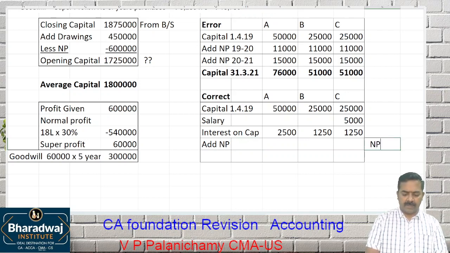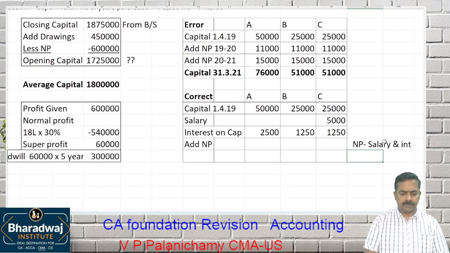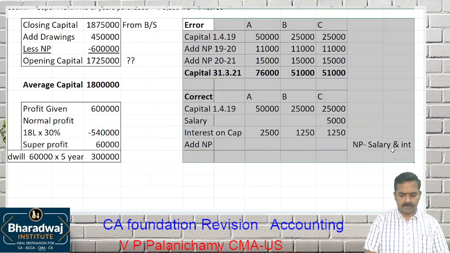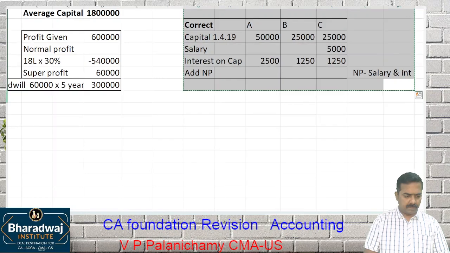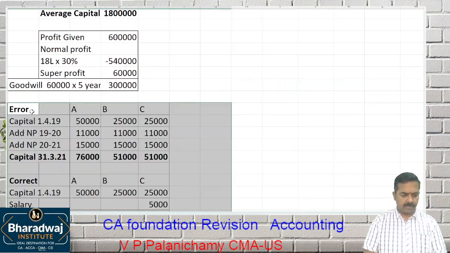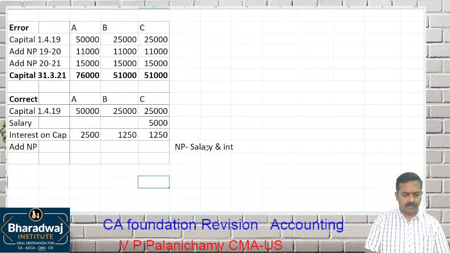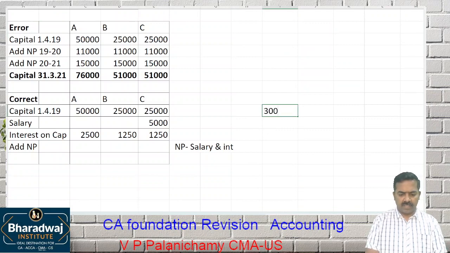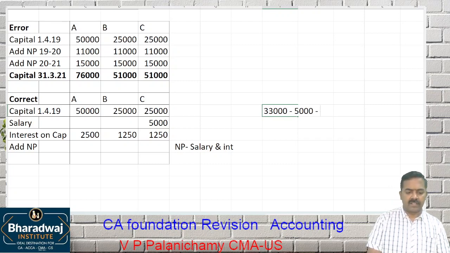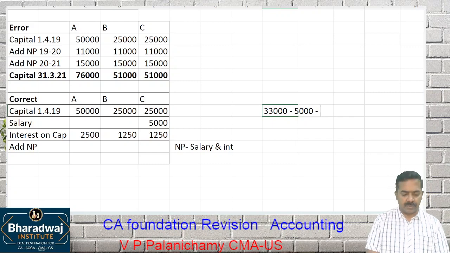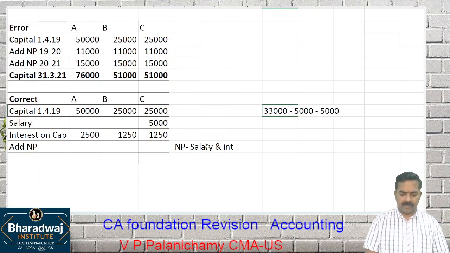Net profit minus salary and interest. How much net profit is given? 33,000 minus salary 5,000 minus all the interest 2,500, 1,250, 1,250, 5,000.